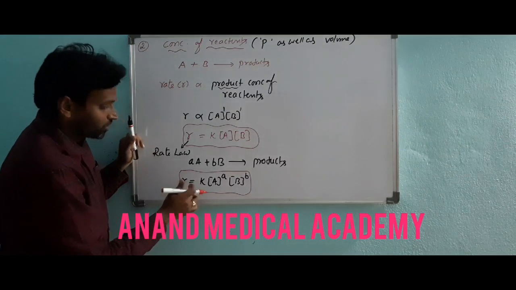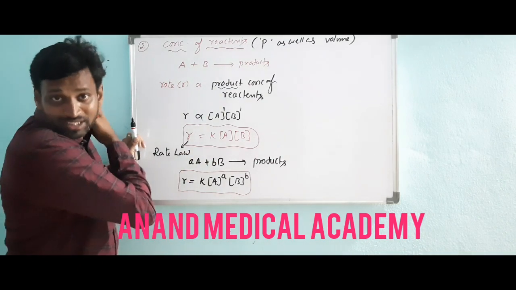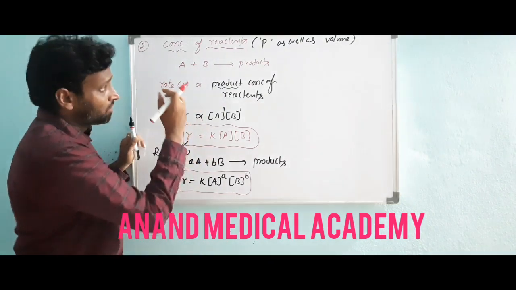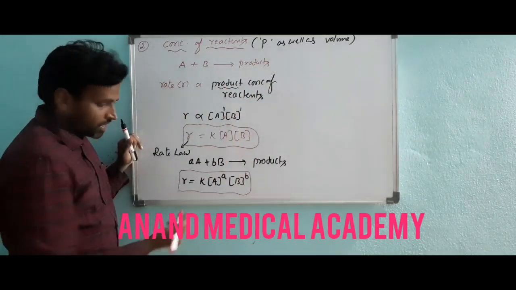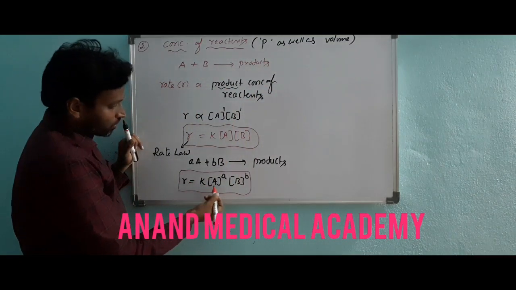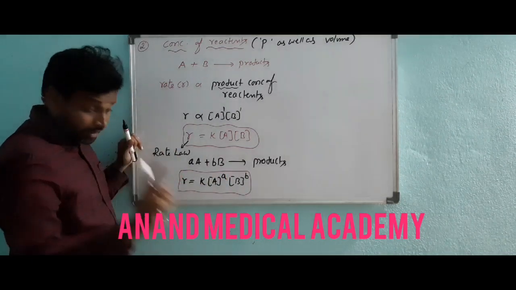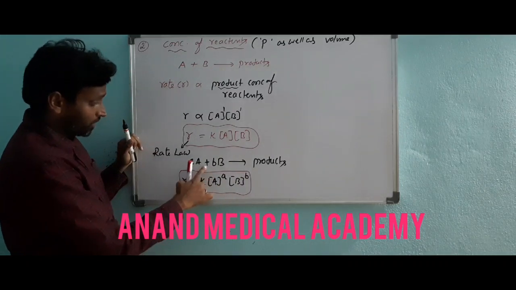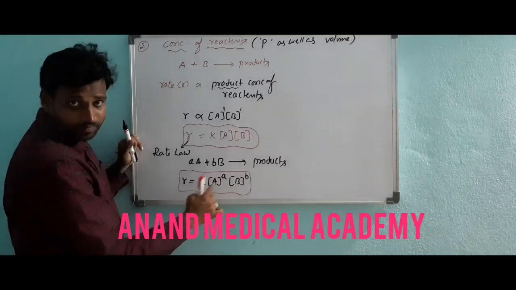We know this already. R is equal to dx by dt simply, in general with respect to reactants or with respect to products. So R is equal to K into the concentration of A power a and the concentration of B power b. Don't take plus here. Here you have A plus B reacting, and here the product.